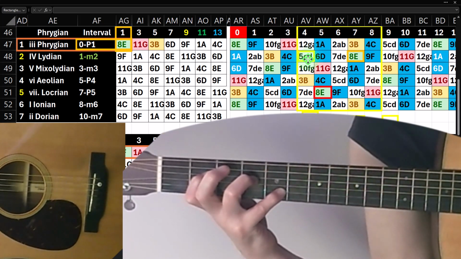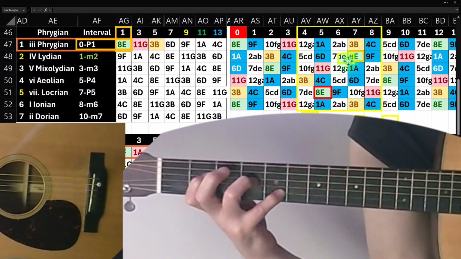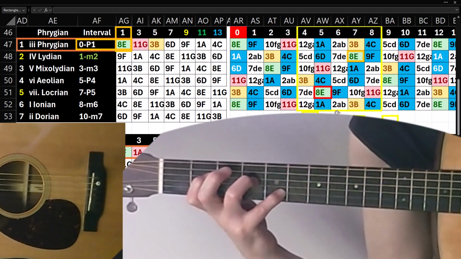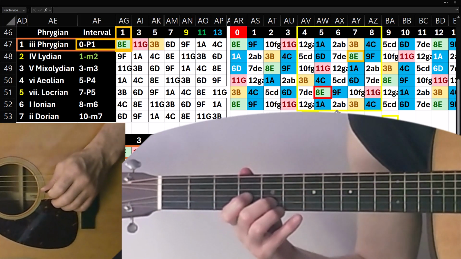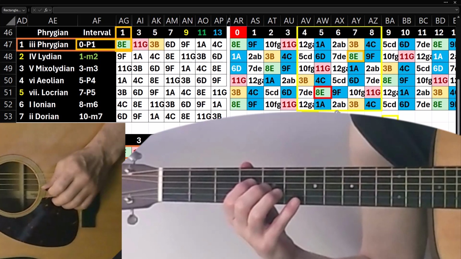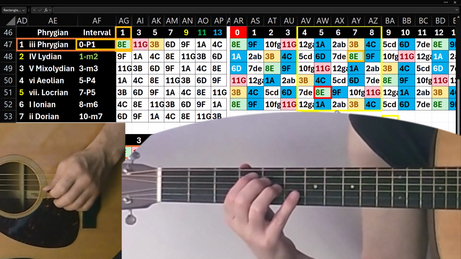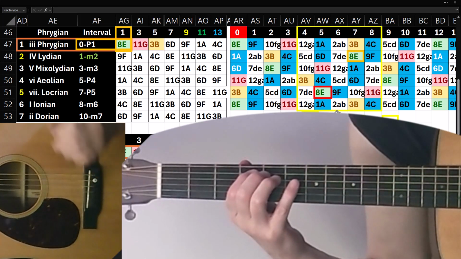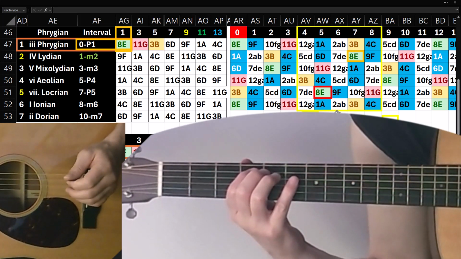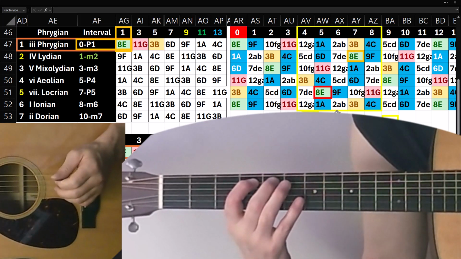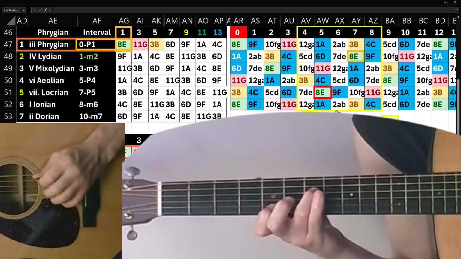So 15 minus 12 is 3, and I can count that this way: -5, -10, -15, and then 15 minus 12 is 3, then 3, 2, 1, 0. So it's going to be boom, boom.